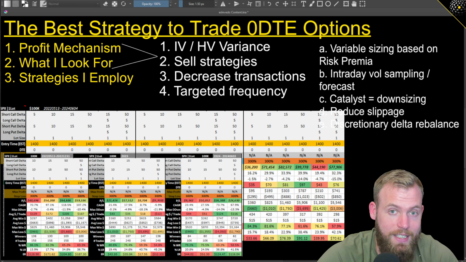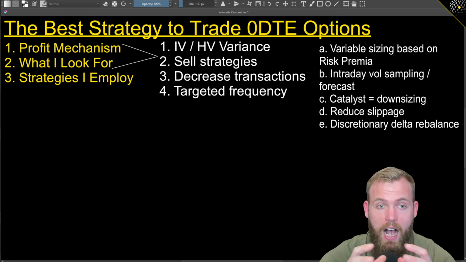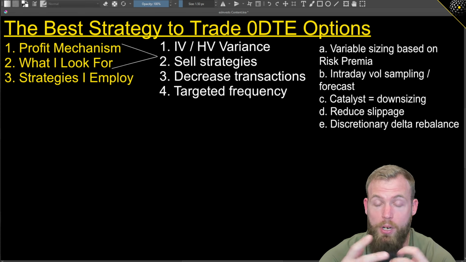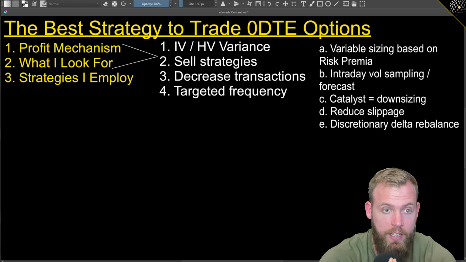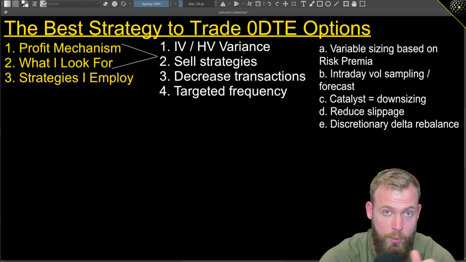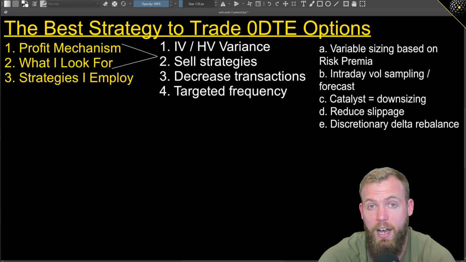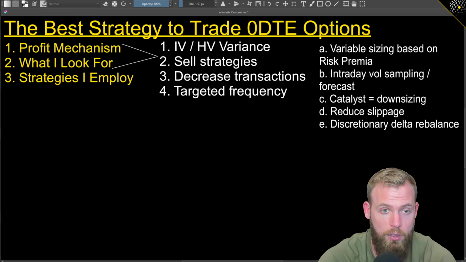A couple things to consider though are, for me, I vary size based on how much I can quantify the risk premia and what looks more attractive. I've also started instituting an intraday volatility sampling to help me forecast what it might be throughout the rest of the day. And that also uses that moving average thesis I was talking to you about a little bit earlier.